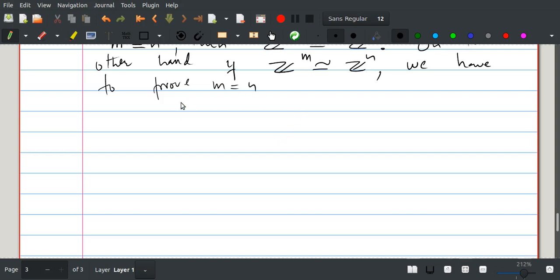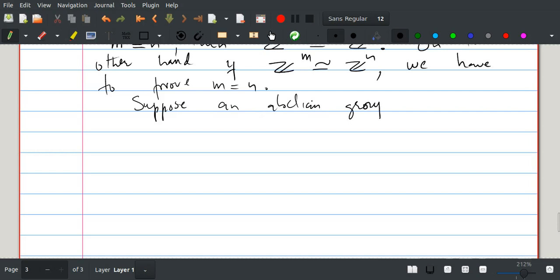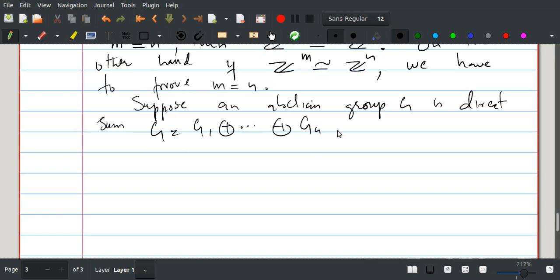Now suppose an abelian group G is a direct sum G1 plus so on plus Gn.